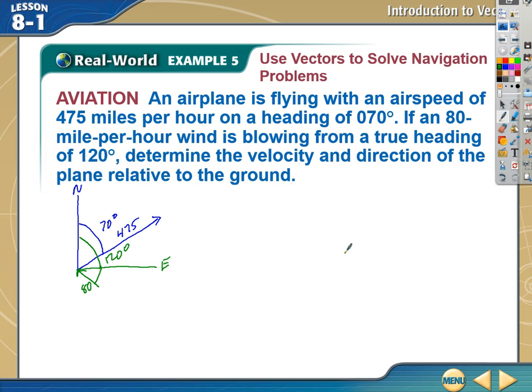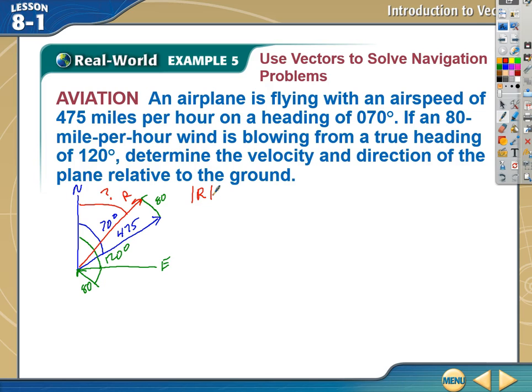So if I take this wind right here and I put it up here, there's my 80. My new resultant vector right here, what is that going to be? What is that direction? So it's asking, what is this? That's my direction. And what is the magnitude? I'm going to call that my resultant, my R. So it's asking for what is the magnitude of R and what is my direction? What is my bearing?